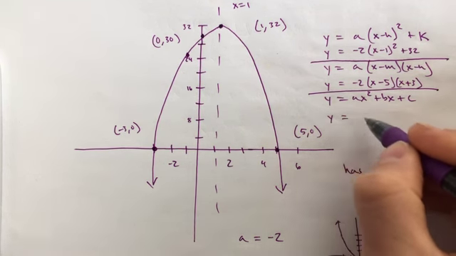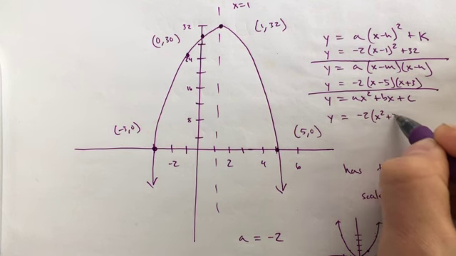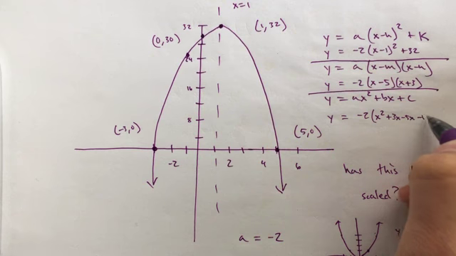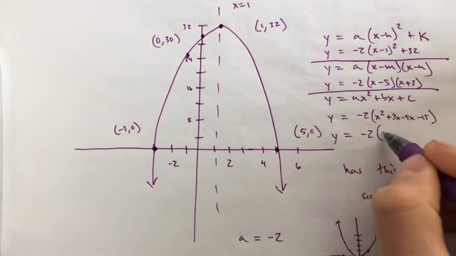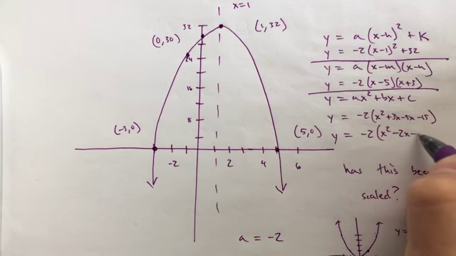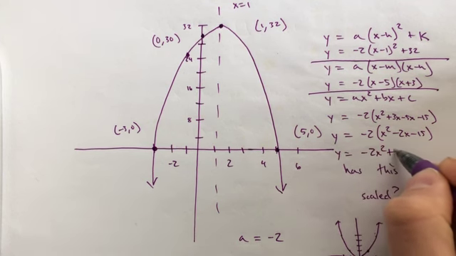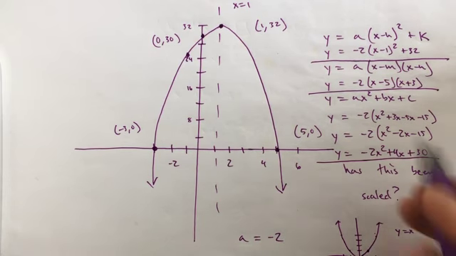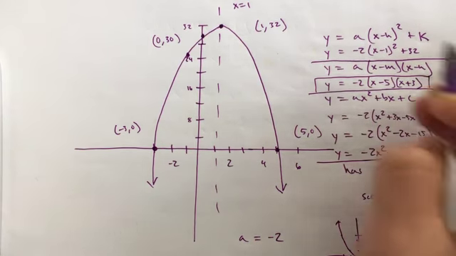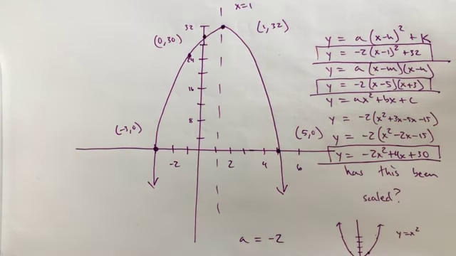So I'll get y equals negative 2 times (x squared plus 3x minus 5x minus 15). Actually, I combined, and now distributing, I get y equals negative 2x squared plus 4x plus 30. So there I've got my vertex form, my intercept form, and my standard form.